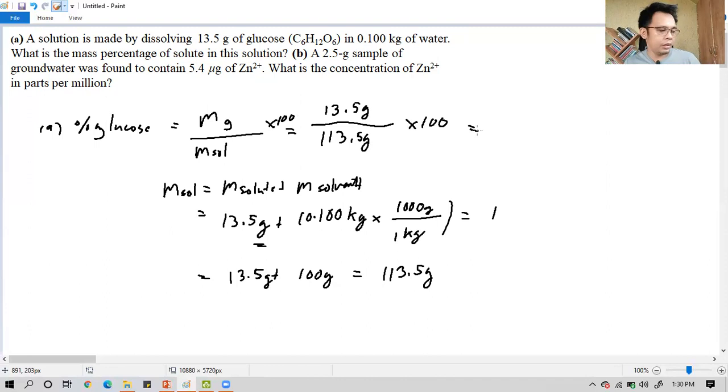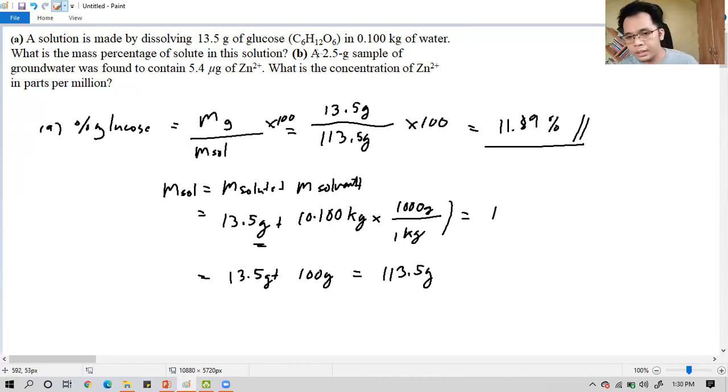And the answer for this problem is 13.5 over 113.5 times 100, and the answer is 11.89%. And that is the percent glucose, or percent solute, in the solution.